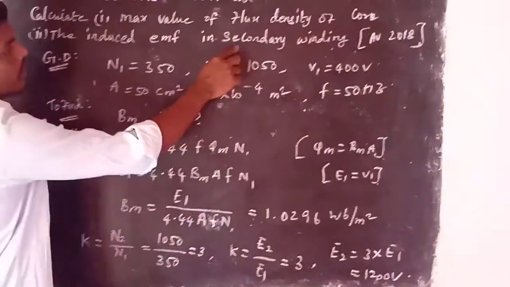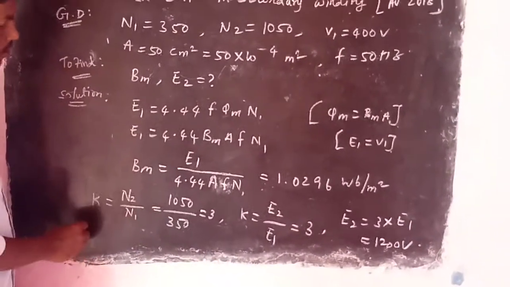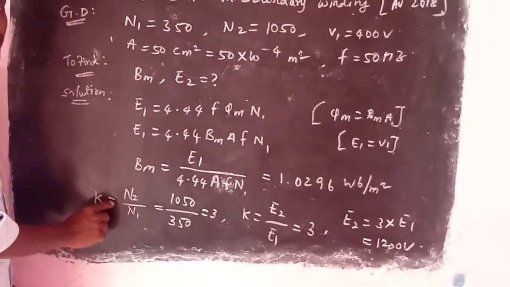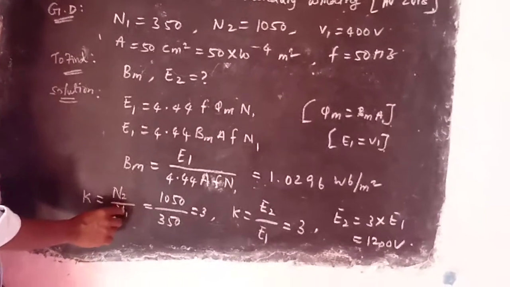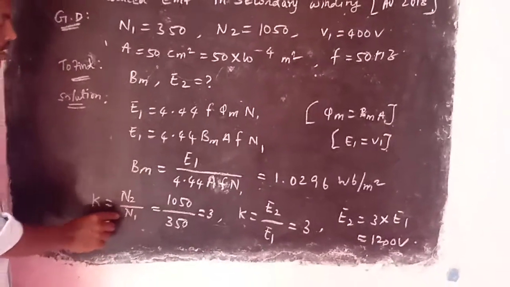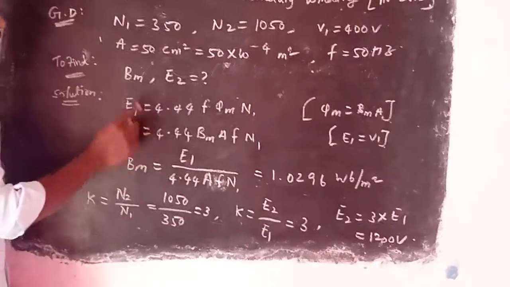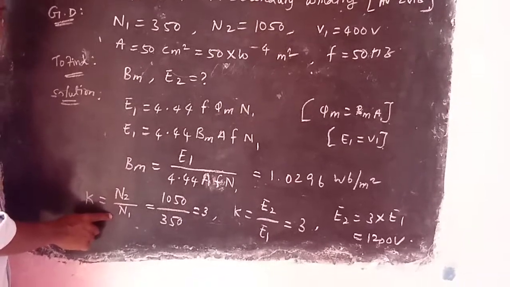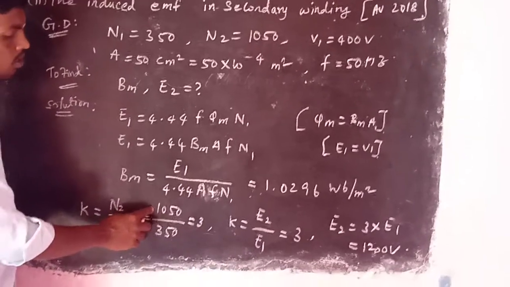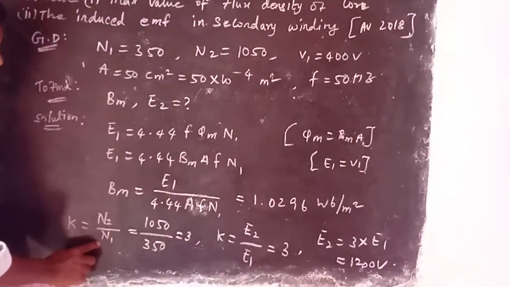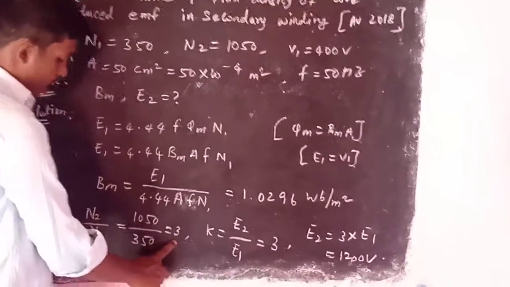Next, calculate the secondary winding EMF. The general equation is K equal to V2 divided by V1 is equal to N2 divided by N1 is equal to E2 divided by E1 is equal to I1 divided by I2. This is the turns ratio. First calculate K equal to N2 divided by N1, the number of turns in the secondary and the primary, which are given in the problem: N2 is 1050 and N1 is 350. Dividing, K is equal to 3.